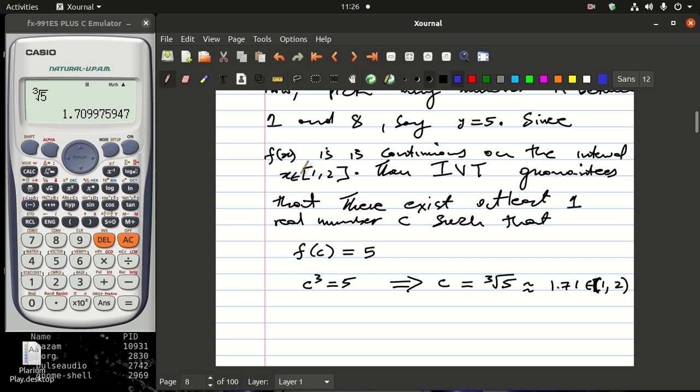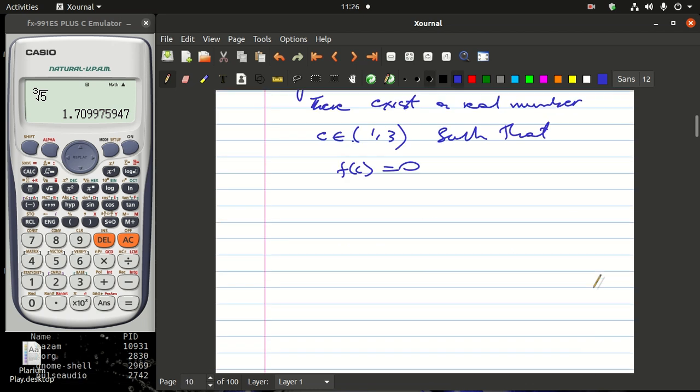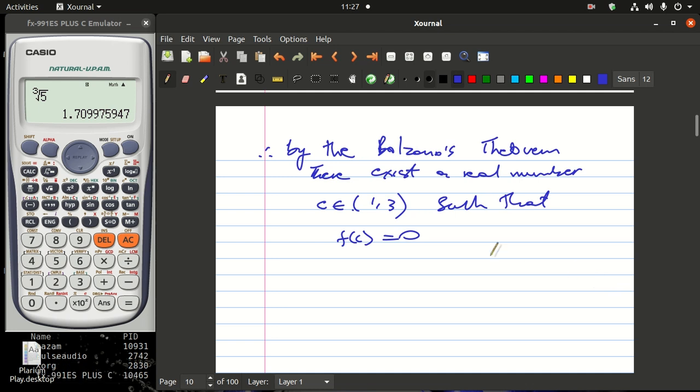We already know the output and we are looking for the value that is in between. We don't want this value and that value. We want the value that is in between. That is why we are using open brackets instead of square brackets throughout. Repeating, I don't want this c to be these endpoints. I want a value that is in between. That is why I have been using the open brackets.